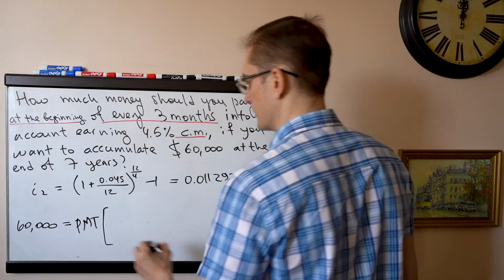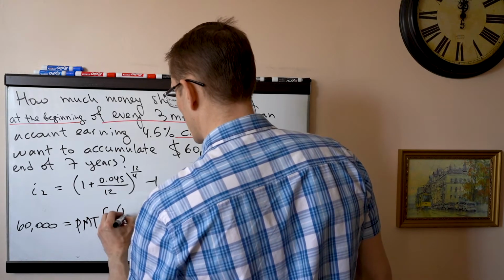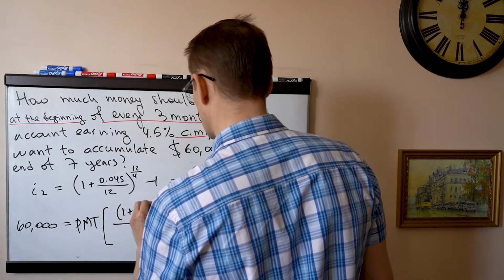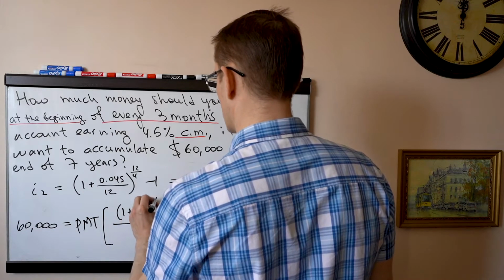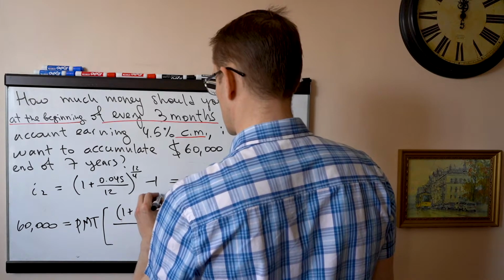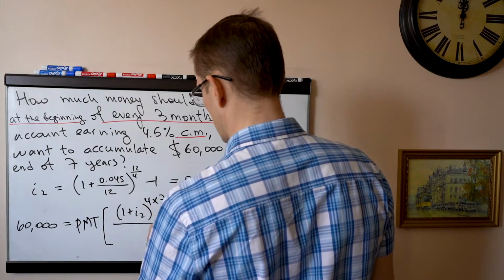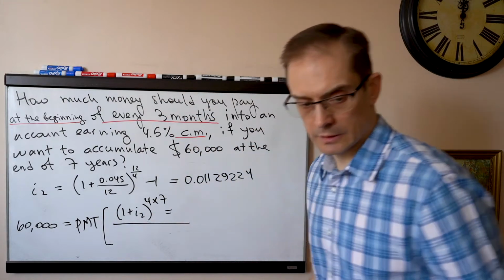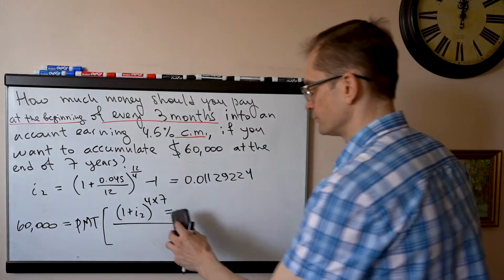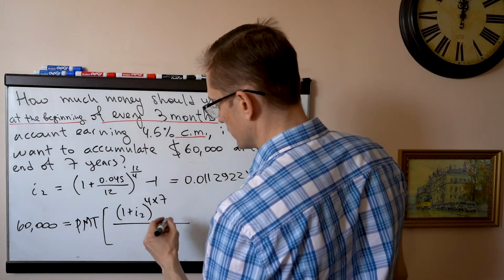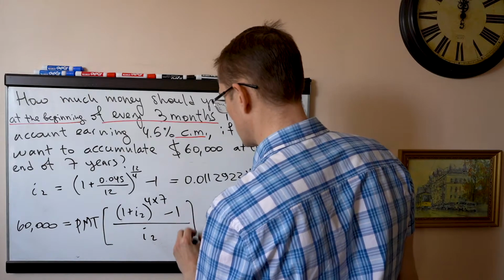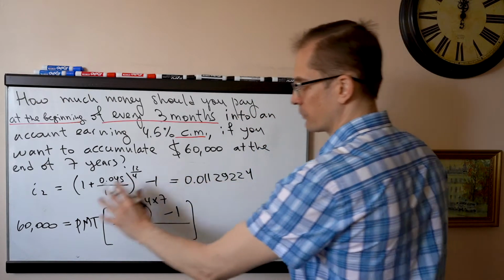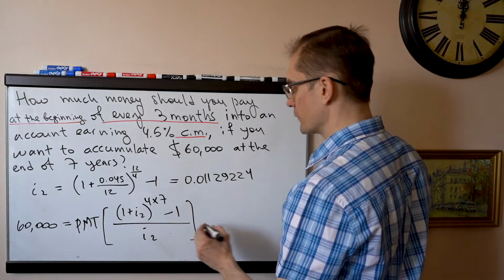We don't know this payment. 1 plus I2, we have 4 times 7, right? 4 times 7 is our exponent, minus 1, over I2. That's just the formula for future value.